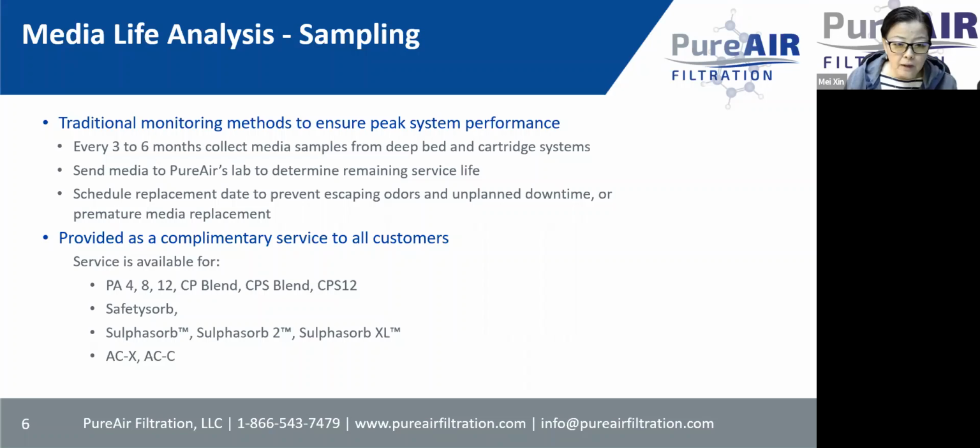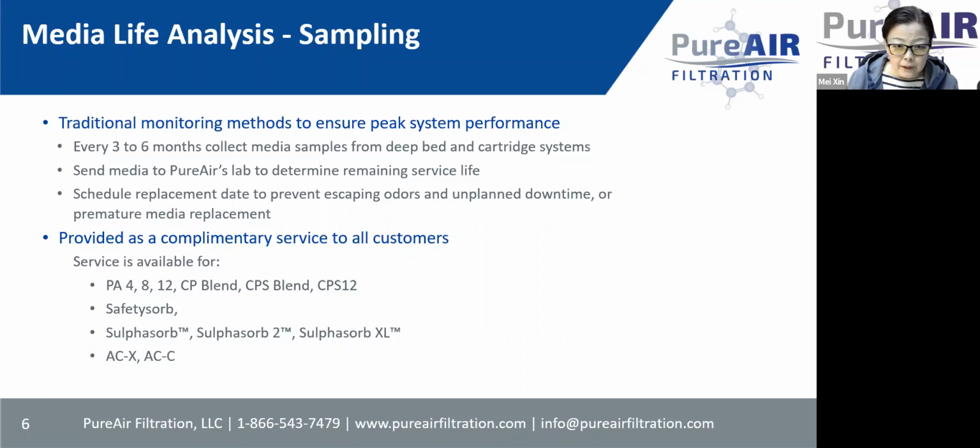And Pure Air Lab provides this as a complementary service to all customers. The media types we can analyze in our lab include several different types of media. The first group is mainly different media with permanganate. And the second group is Safesorb for chlorine control, emergency gas control. The last one is Sulfursorb series type, control of odor and corrosive gases like hydrogen sulfide.